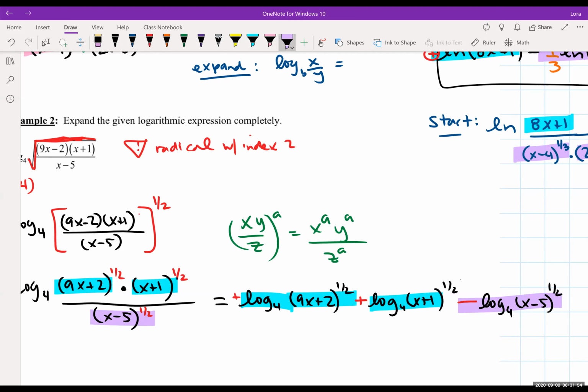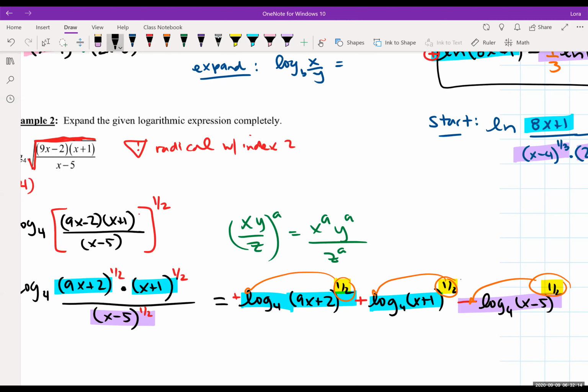So now we're almost done. We just want to make sure we have one more rule to take care of. If you guys notice that there's exponents in each of the arguments, all we have to do is pull those around to the front to be considered fully expanded.